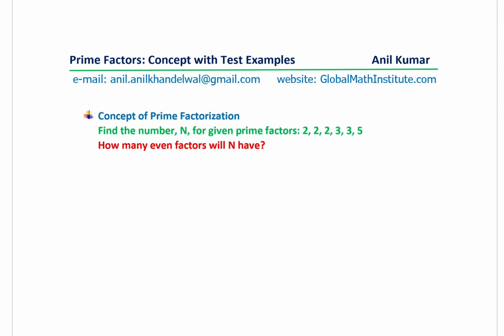Now, here is another important question which says find number n for the prime factors, and here is a twist to it: how many even factors will n have? First is to find n, which we did just now. n is equal to 2 times 2 times 2 times 3 times 3 times 5, and 3 times 5 is 15, 15 times 3 is 45, twice is 90, twice is 180, and then 360.